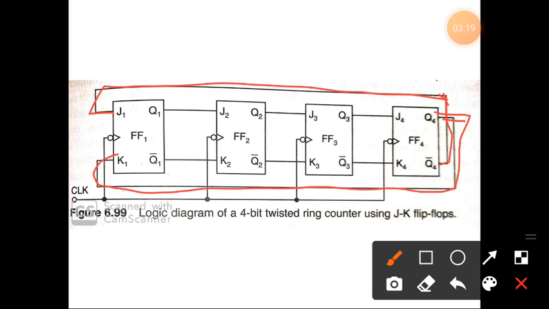For the remaining stages, each output is connected to the input of the next stage, and the inverted output is connected to the K input of the next stage. It is a synchronous counter, so a single clock pulse is applied to every flip-flop. It is a negative edge triggered flip-flop, so a single bubble is given at the clock input.